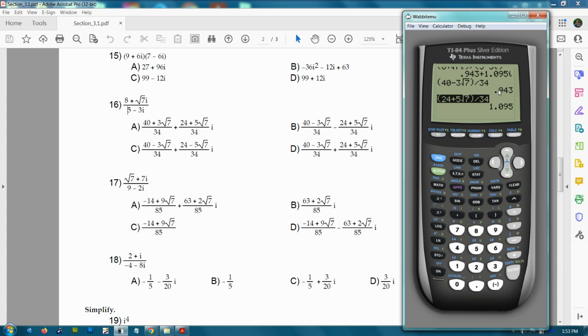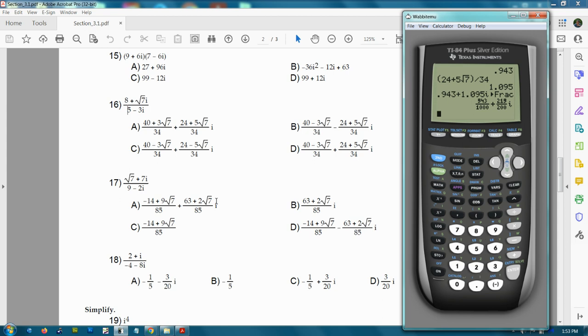So all that being said, yeah, the calculator will do it for you, but now you've got to take all the answers, and even if I went to math and I went to fraction, it'll give me a fraction, but now I still need to determine which one of these answers looks like that.